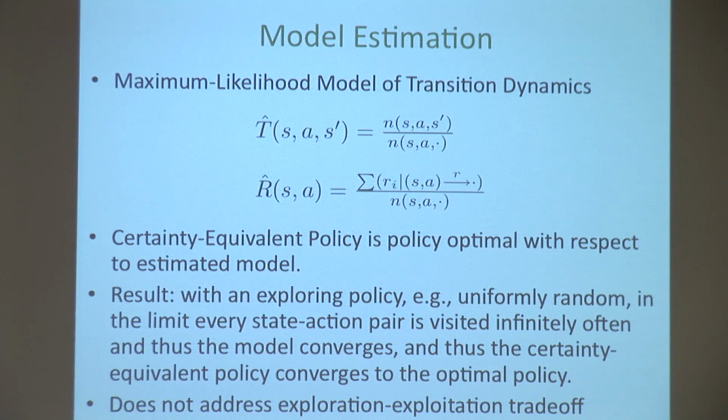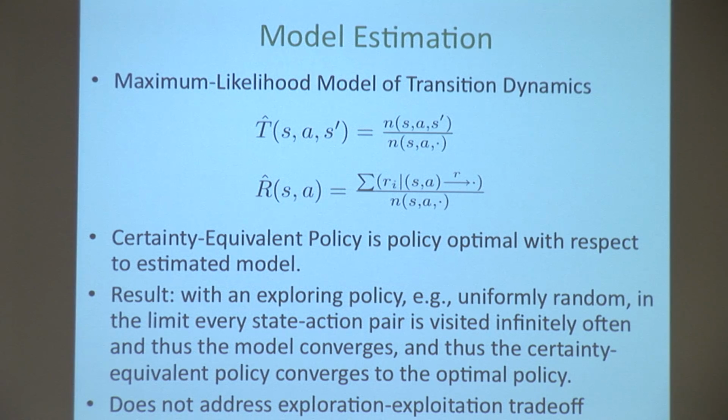No. Again, exploration exploitation hasn't been addressed. But you could do epsilon greedy, and that would be fine. So if I do epsilon greedy with shrinking epsilon exploration, this simple idea will converge to the optimal model, and the optimal policy with respect to the optimal model is optimal, therefore you converge to the optimal policy as well.